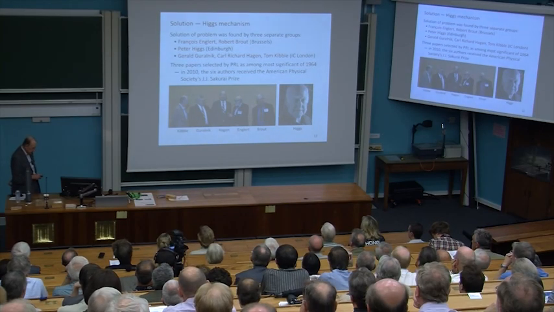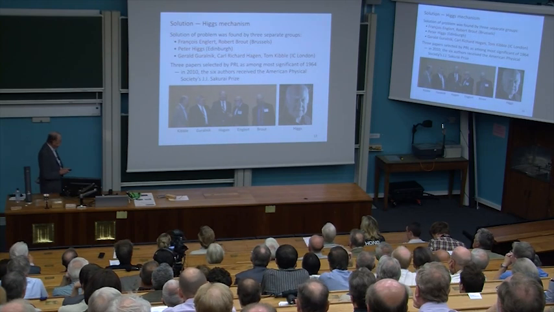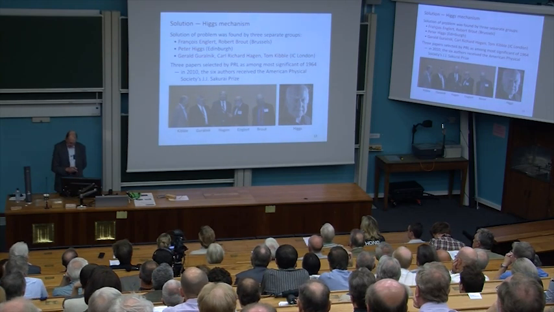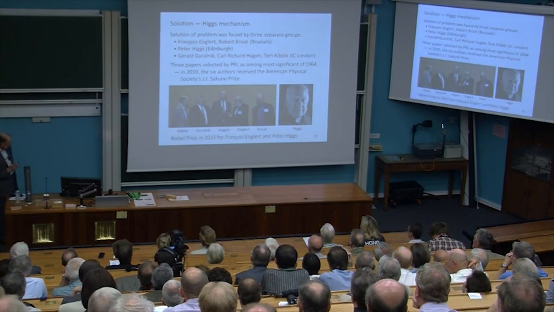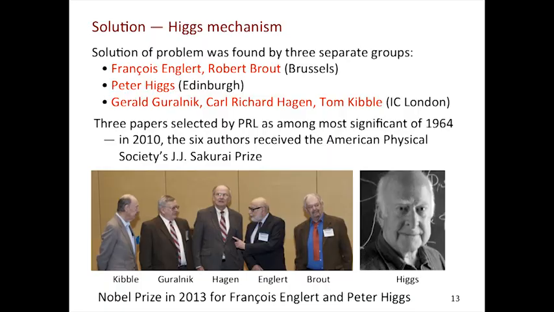These are 5 of us. Peter Higgs was unfortunately ill at the time, so he wasn't actually at the ceremony. And of course, it led further to a Nobel Prize in 2013 for François Englert and Peter Higgs. Robert Brout had died before that.